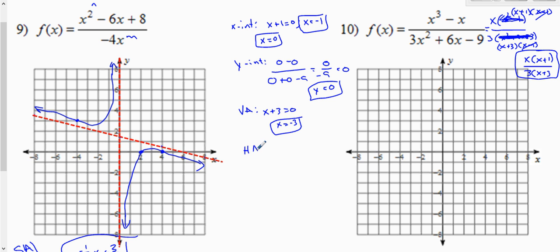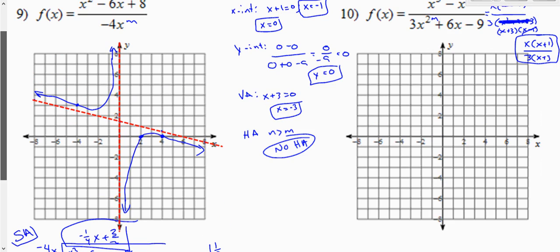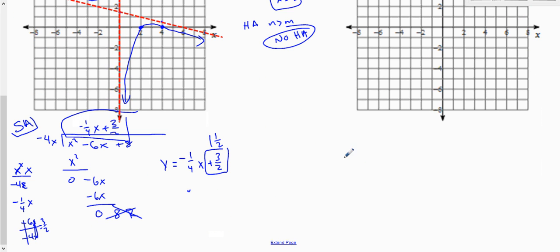For the horizontal asymptote, my value of n is greater than the value of m. So n is greater than m. No horizontal asymptotes. Because it's only one value higher, I have to do a slant asymptote. So I'm going to go down here and divide.